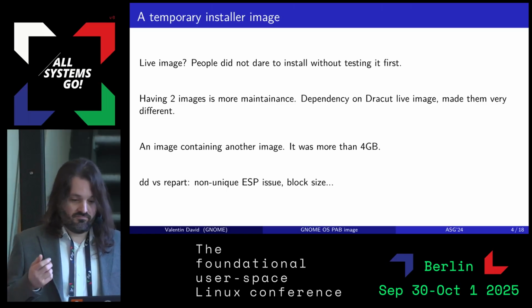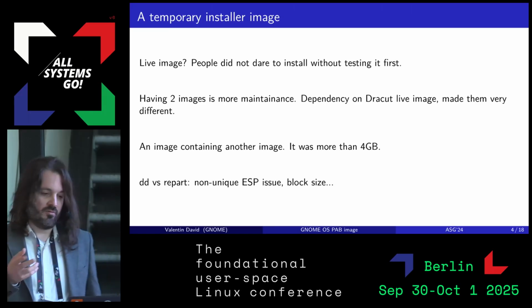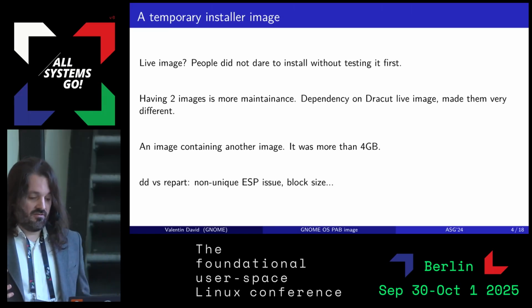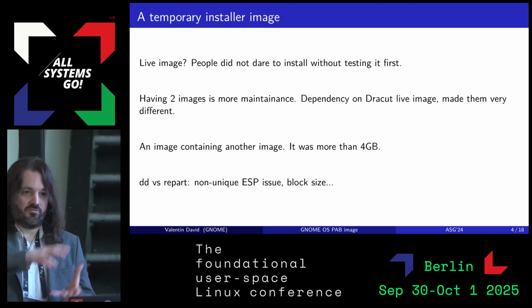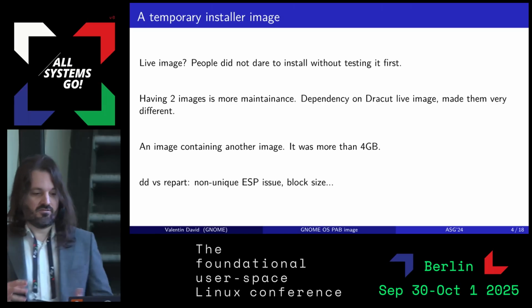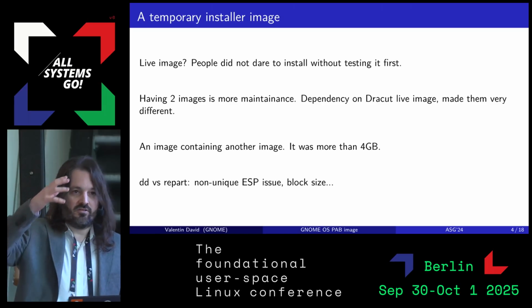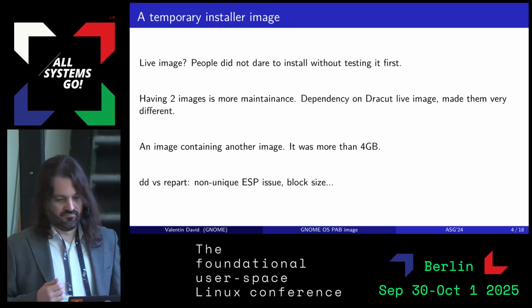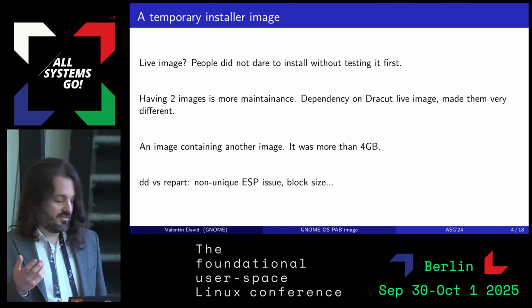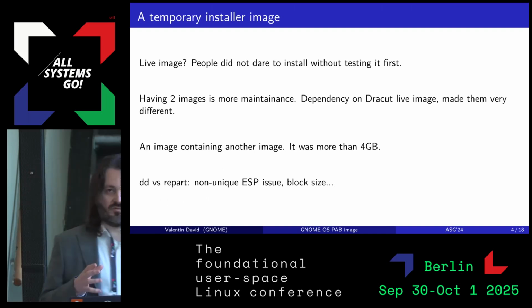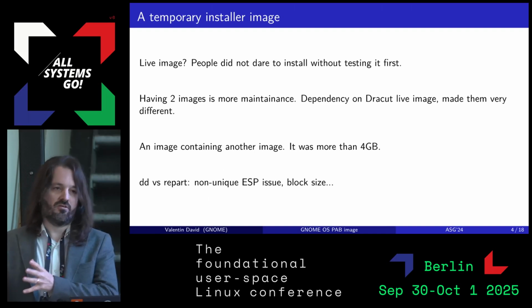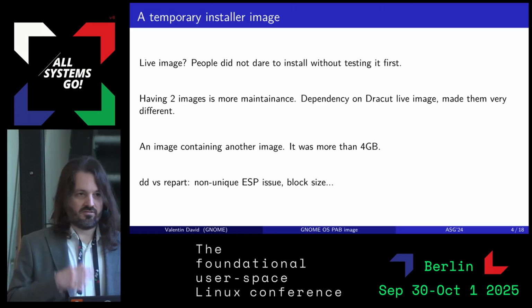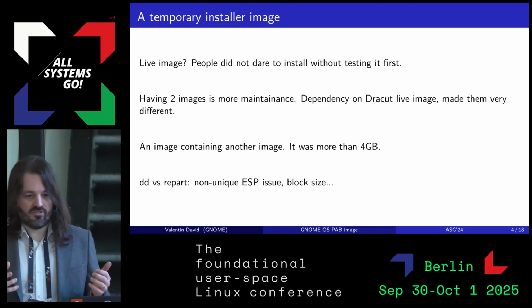Another thing is that we had an image that contained another image that we would write down onto the disk, and that was making the installer image 4 GB. So we wanted something smaller. And last, the installer was very simple. It was just copying a disk image onto the disk. And there are some problems with this.